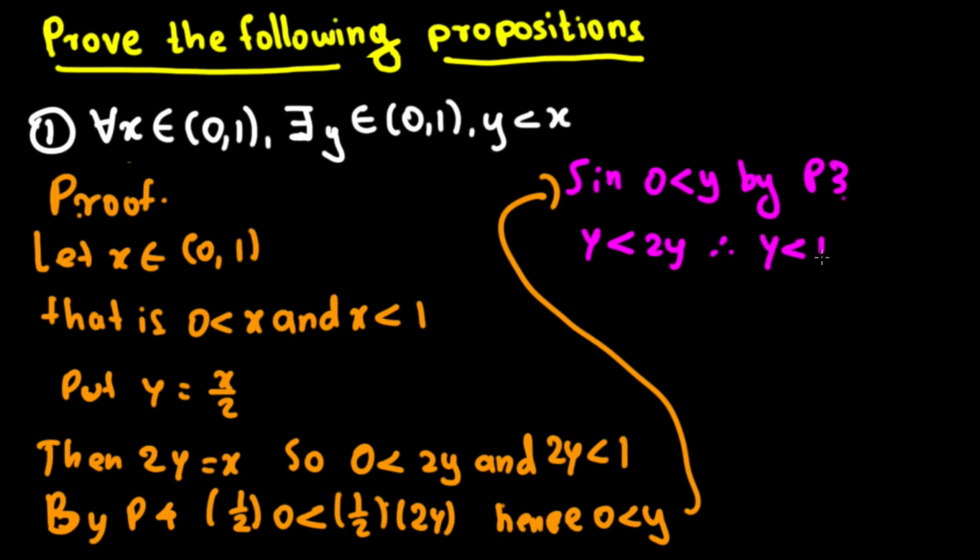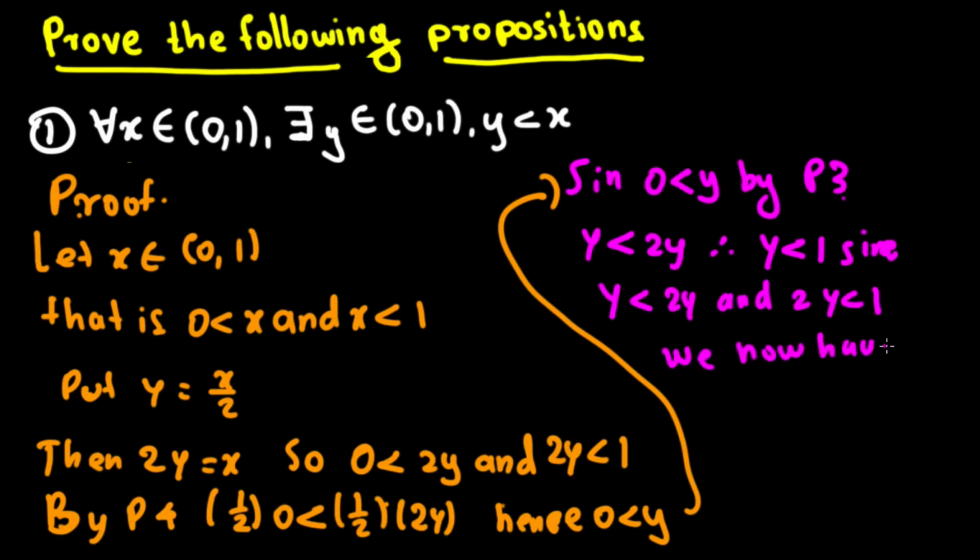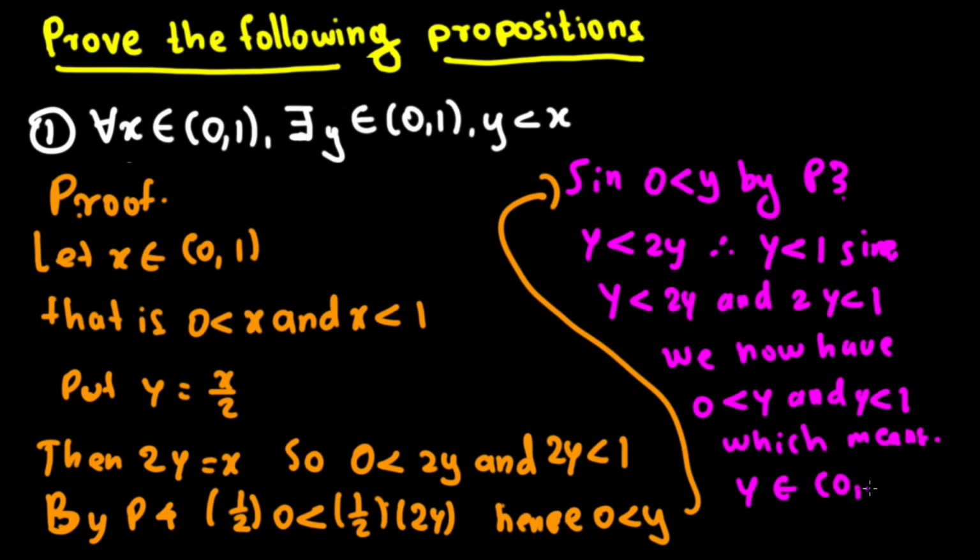Since y is less than 2y and 2y is less than 1, we now have 0 is less than y and y is less than 1, which means y belongs to (0, 1).